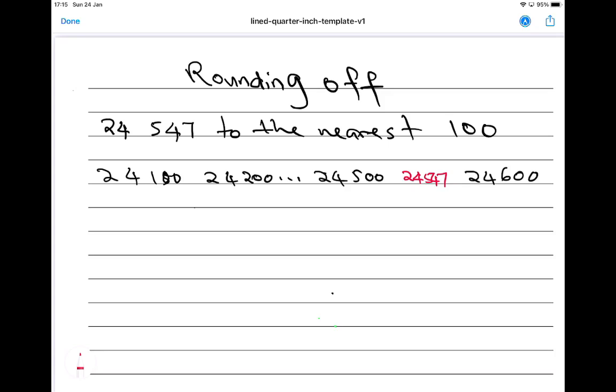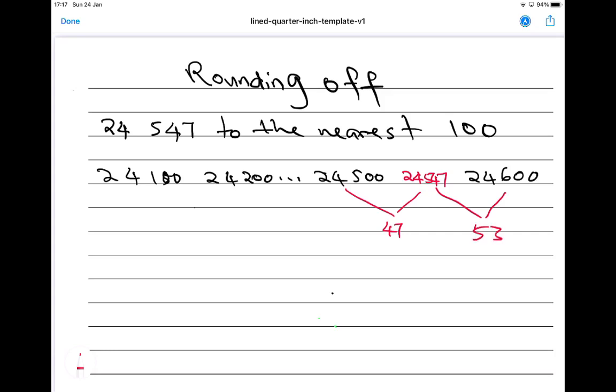What you can do now is check the gap between these two numbers. The difference between 24,547 and 24,500. If you minus these numbers, you will get a 47. Similarly, if you subtract 24,547 from 24,600, that will give us 53.